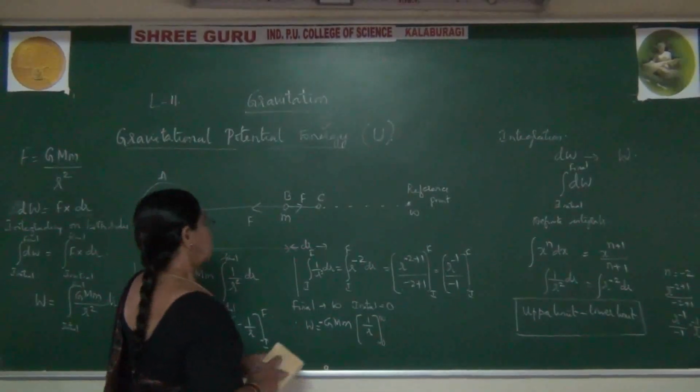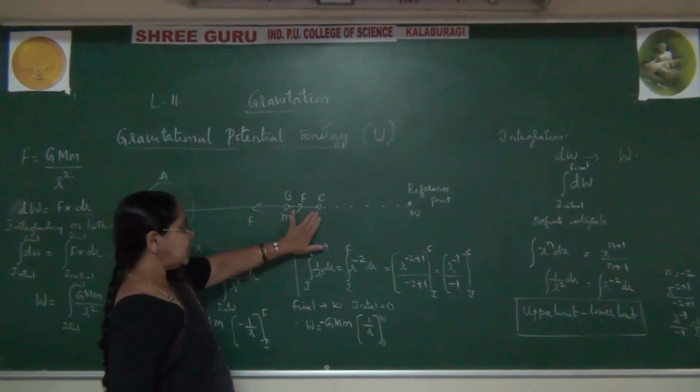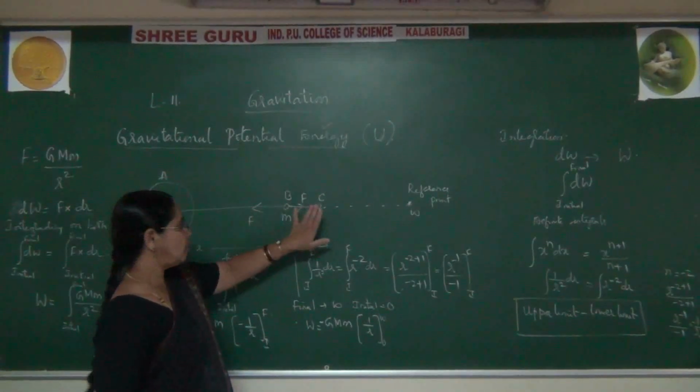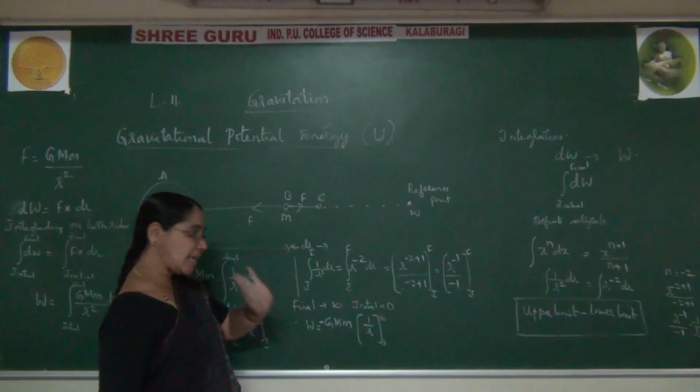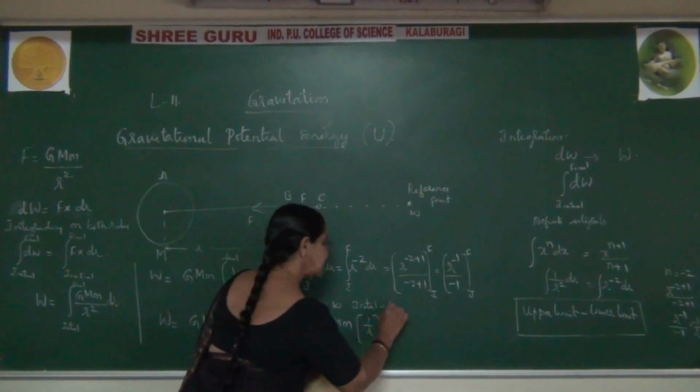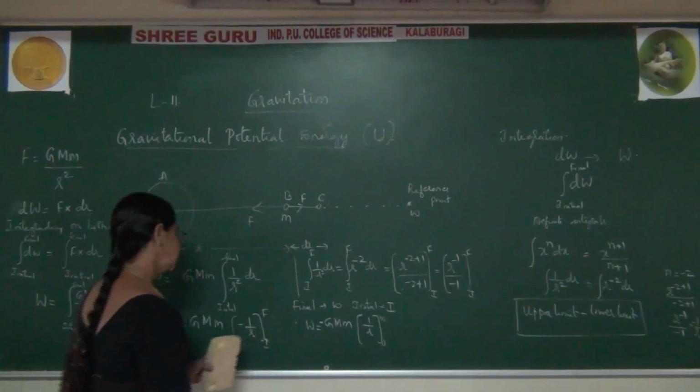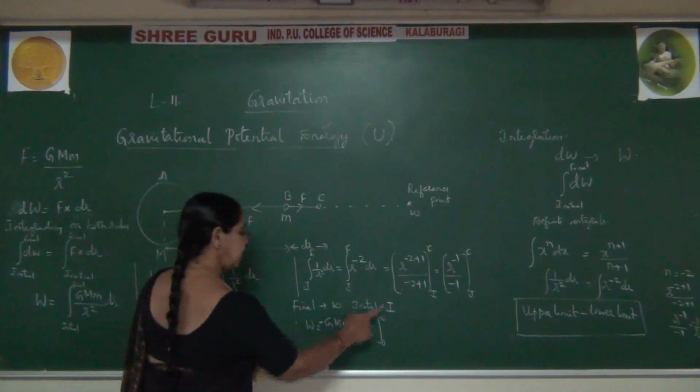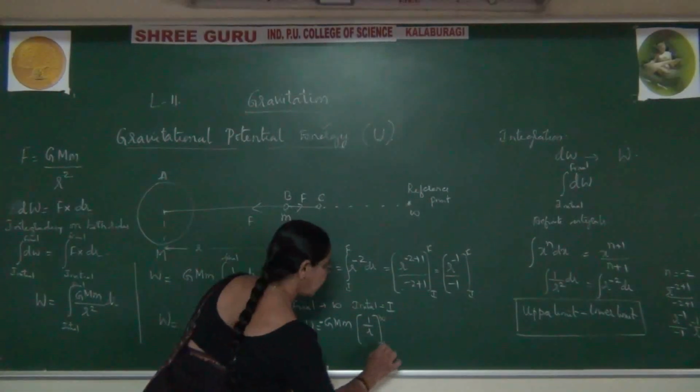So for your reference, if I want to say initial itself, we do not know what is that point. If I keep initial itself as I, then it will be easy for you. So let me write this initial is I for your reference.